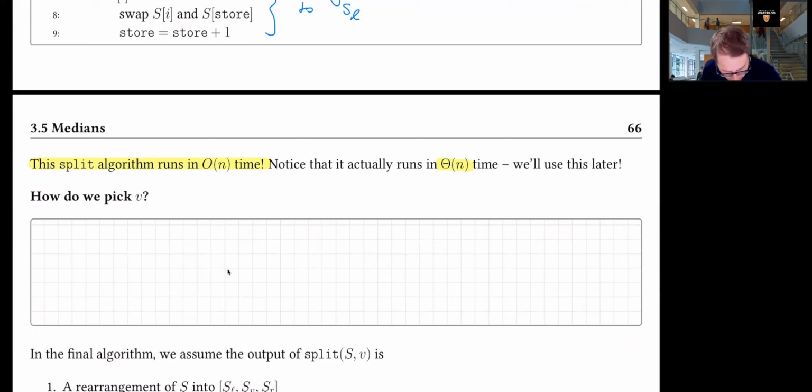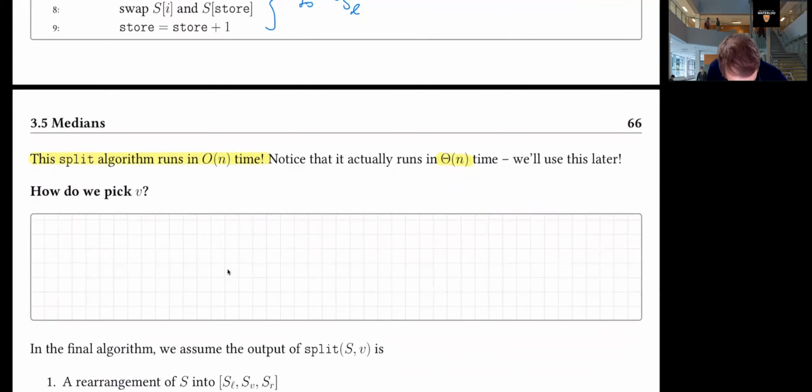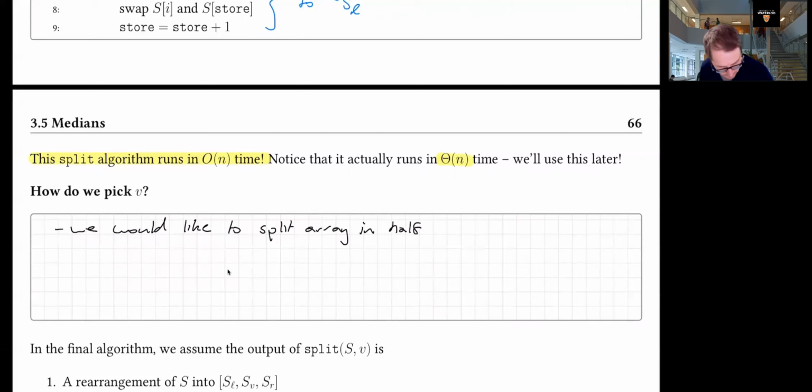So we would like to split the array in half, so that S left and S right are both approximately a half of all of S.